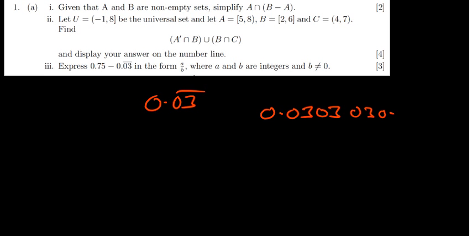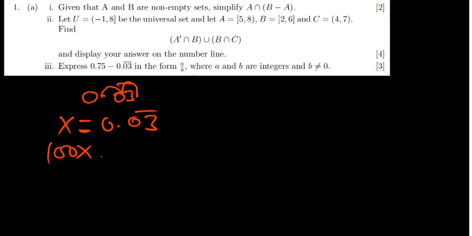To make it short, we say 0.03 bar, meaning those digits are just repeating. So we can't subtract directly here. We first have to deal with this part only, and after that we will come to this. You get my point, right?